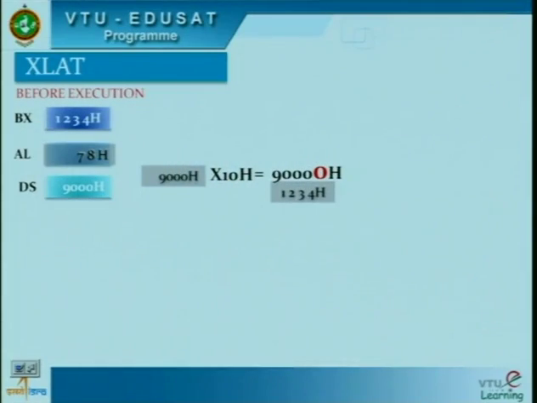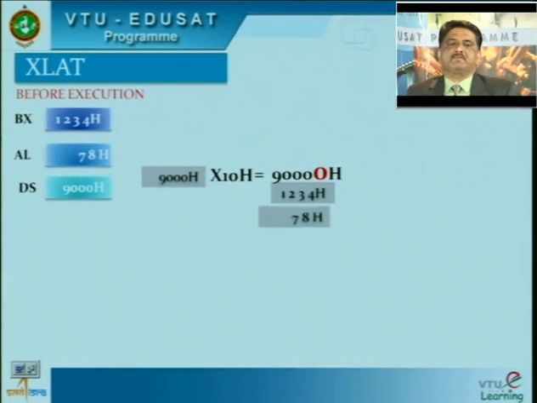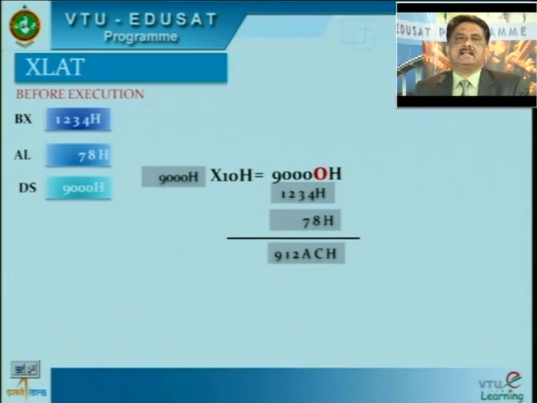It is the duty of the programmer to load BX with an appropriate value. As I said, BX will generally hold the starting address of the translation table, which is used to translate the content of AL to its equivalent value from the table.